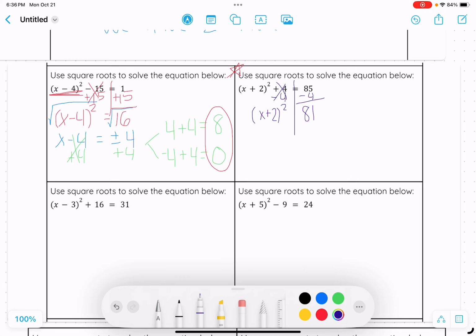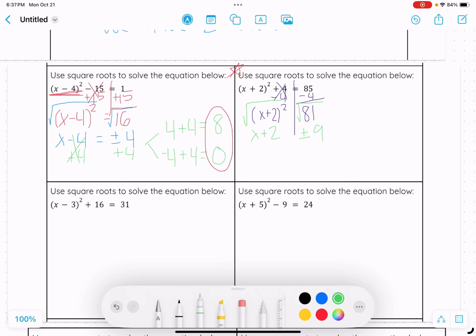Now, just like we did before, we're going to take the square root of both sides. The square root of 81 is going to work out to be plus or minus 9. And over here, we're going to get x plus 2.